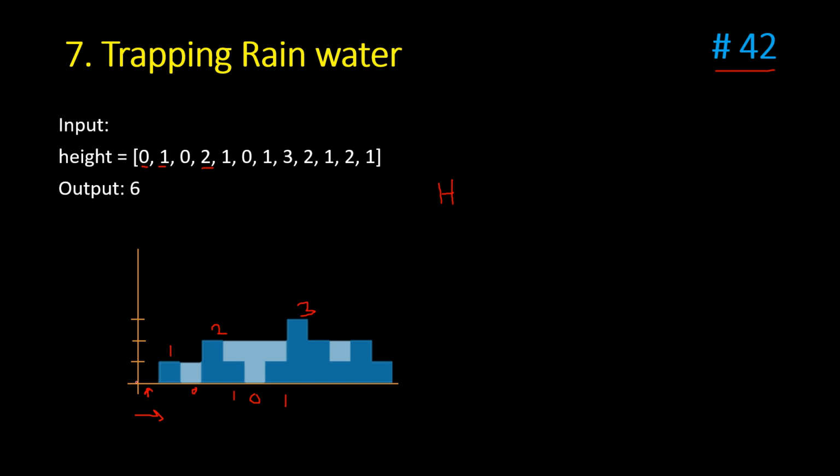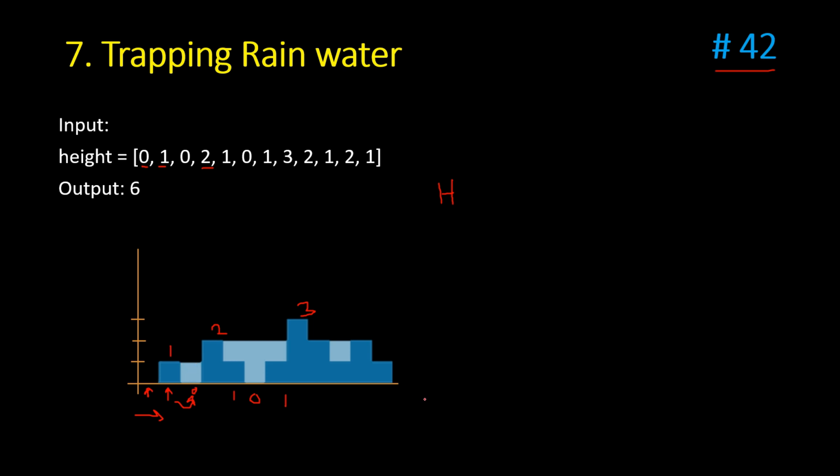So here water is not trapped, left max is 0 and left is also 0. Then you come here, this value is more than max, which was 0, so left max becomes 1 and left is also 1. So again no water at this point. When we come here, this value is 0, but left max is 1, so there is a difference of 1 in the height. So 1 unit of water can be trapped.